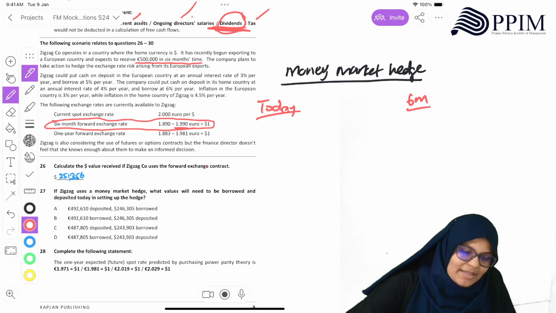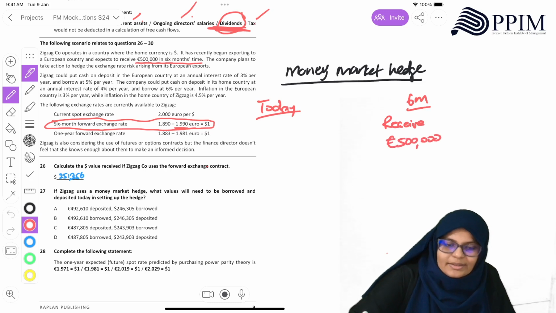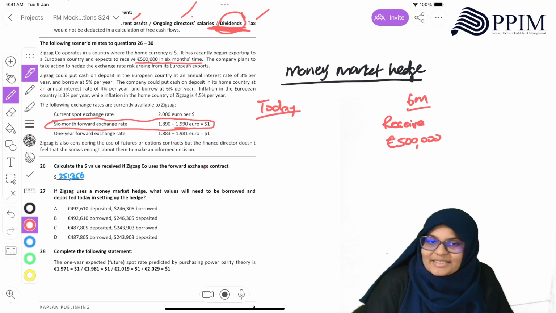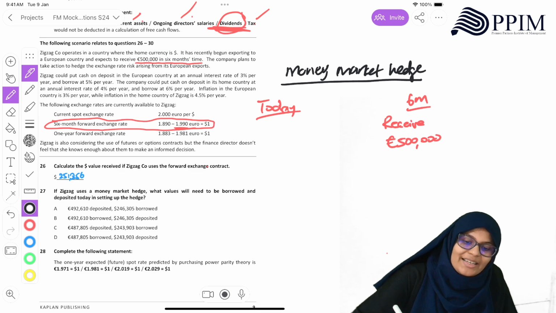Now in 6 months time, I am going to receive 500,000 euros. Now if I receive, is it an asset or a liability? It's an asset. Then today I have to do the opposite. I have to do what? I will have to create a liability.